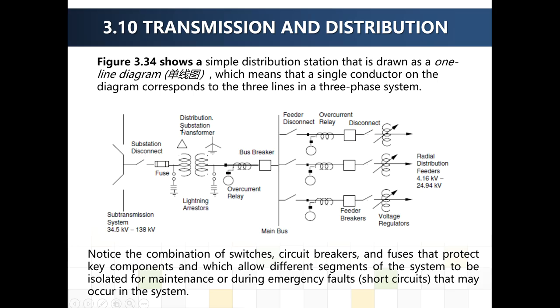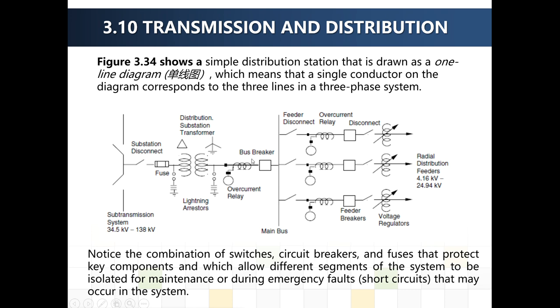So this is called the distribution substation transformer. This is the main component in the substation. We can also see that there is a substation disconnect. There's a fuse to protect the transformer if there is a fault on the higher voltage end. These are lightning arresters. So when there's lightning, this will be connected so that the lightning will not hit the main component and cause damage, but rather the high current will go directly to the ground.